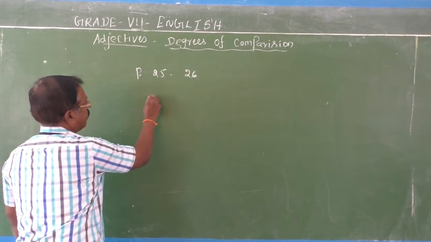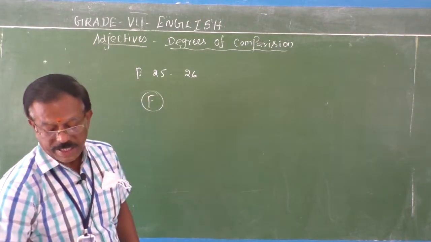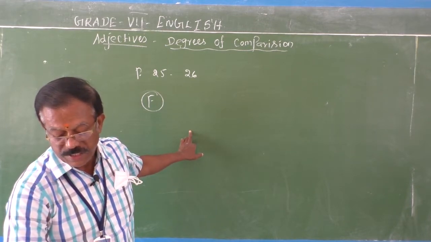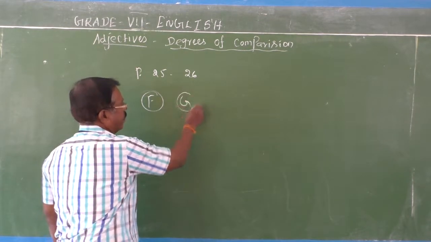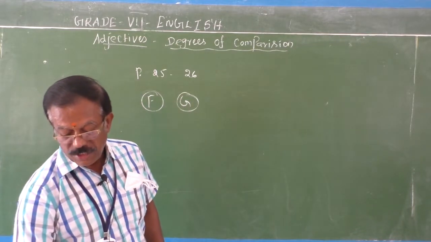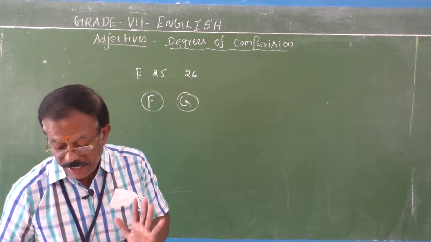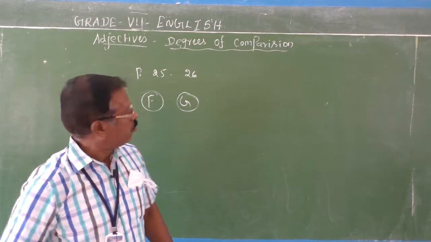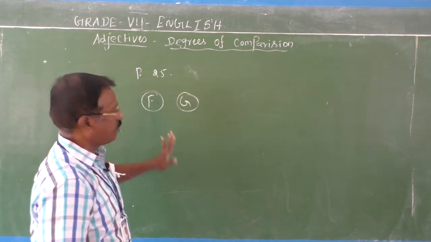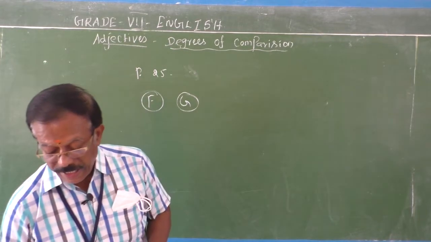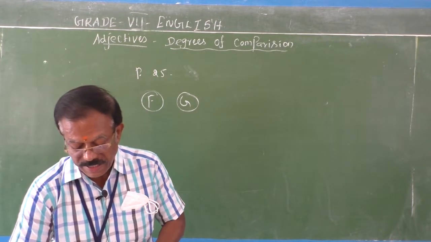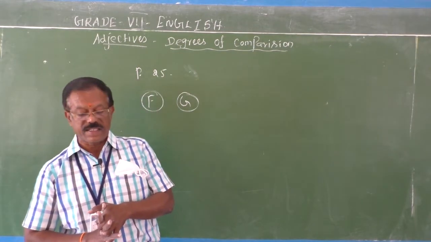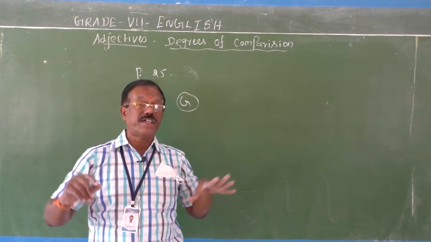Exercise F: fill in the blanks with the comparative form of the given adjectives. Then G: complete the following sentences using the appropriate degree of comparison of the given adjectives. Okay, that's all. These two only. So on page number 25, these two exercises are given, and under them you can find some examples and exercises also. You are supposed to solve all the exercises based on what you have learned in today's class.